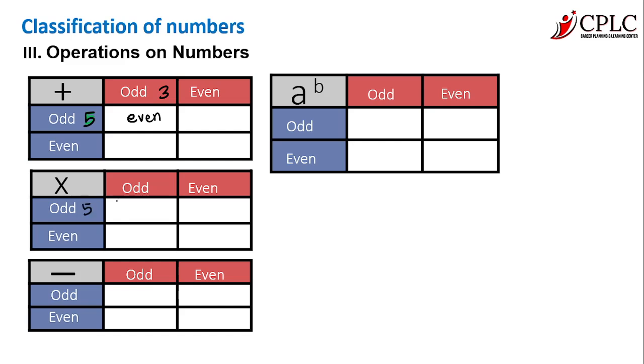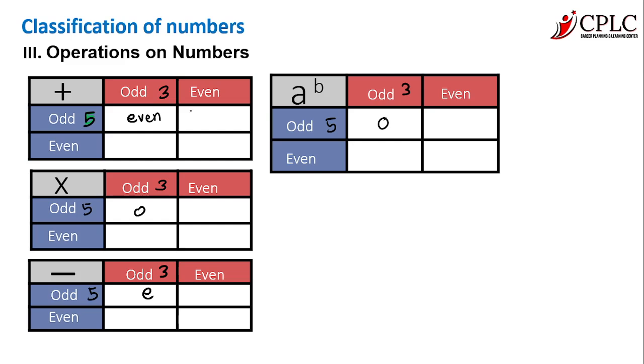Then 5 into 3 is 15, that is odd. Then 5 minus 3 is 2, which is even. And 5 raised to 3, 5 cube is 125, which is odd.